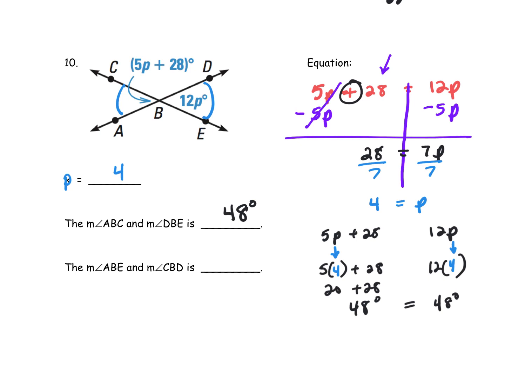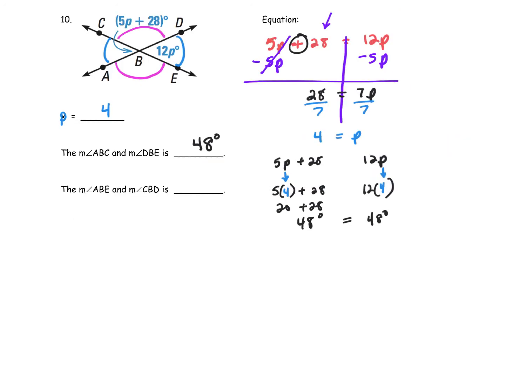The last question says the measurement of angle ABE, A to B to E. So again, I'm going to arc that. We're talking about the obtuse angle. And the measurement of C to B to D, which is its vertical angle, so they're both congruent, is what? Well, in order to find that, we have to acknowledge that there is a supplementary relationship right here.